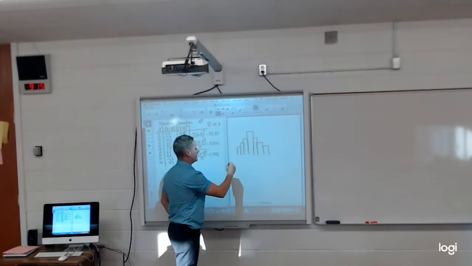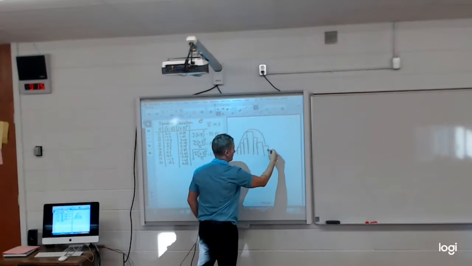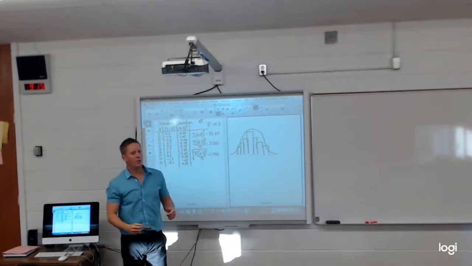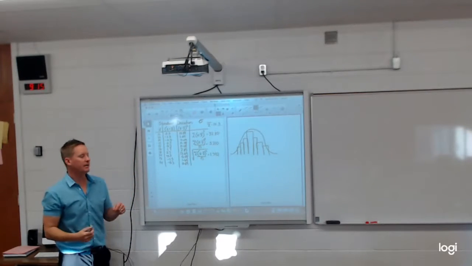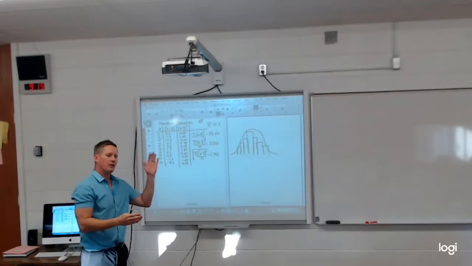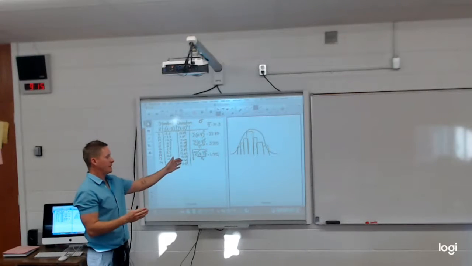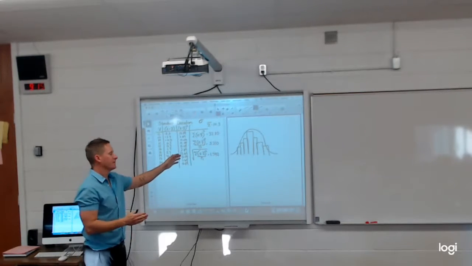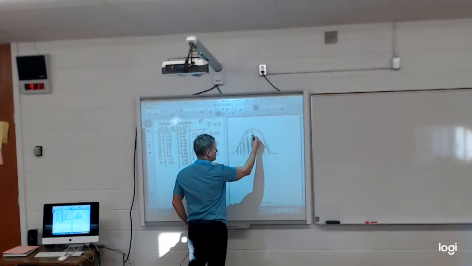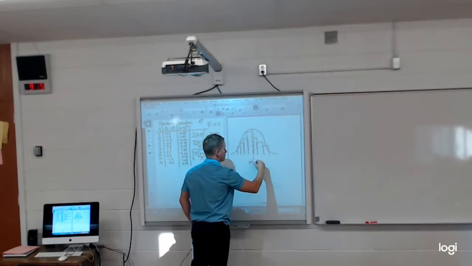So it kind of has this shape to it. So when I say it's normally distributed, it means it's evenly distributed, and the middle is going to represent my mean average.